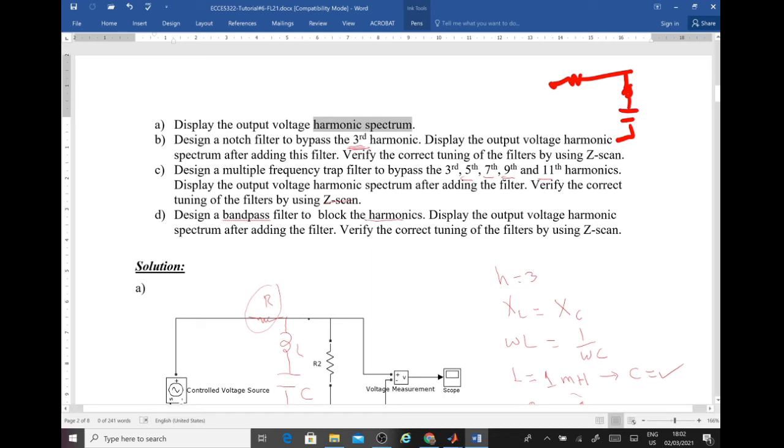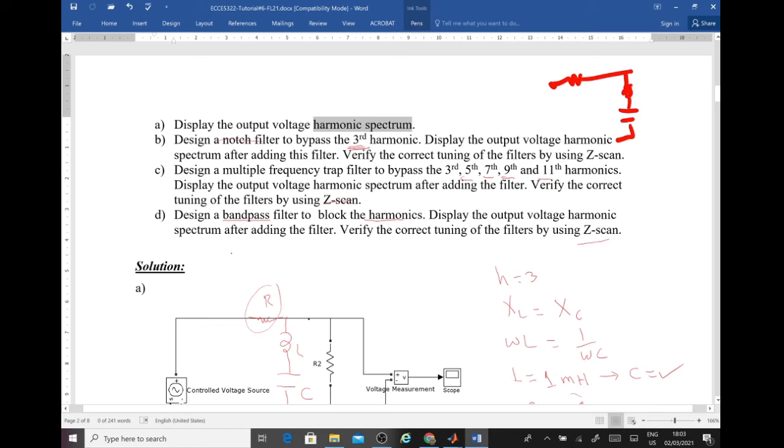Okay, display the output voltage harmonic spectrum after adding the filter, then verify the correct tuning of the filter by using Z-scan. Okay, so again over here in parts B and C, we designed what we call a notch filter. But now we need to design what we call a band pass.